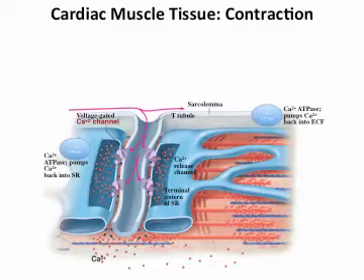When an electrical signal, like an action potential, travels down into the T-tubule, the voltage-gated calcium channels will respond to that electrical signal, and they will cause release of calcium from the sarcoplasmic reticulum.